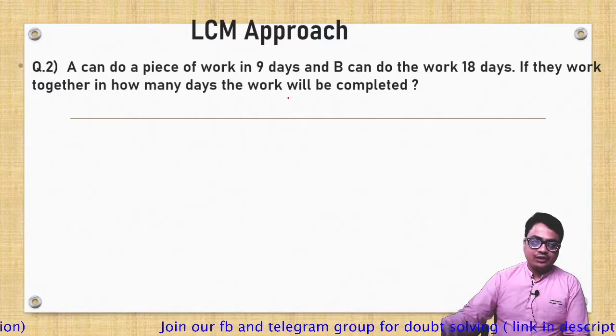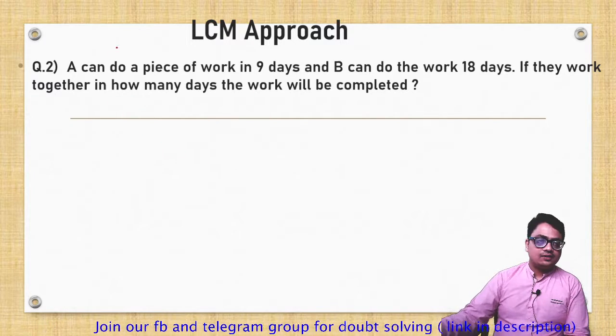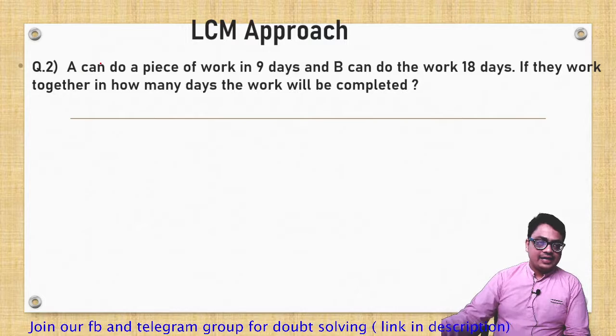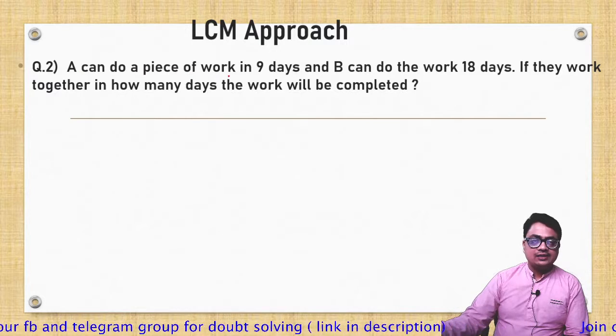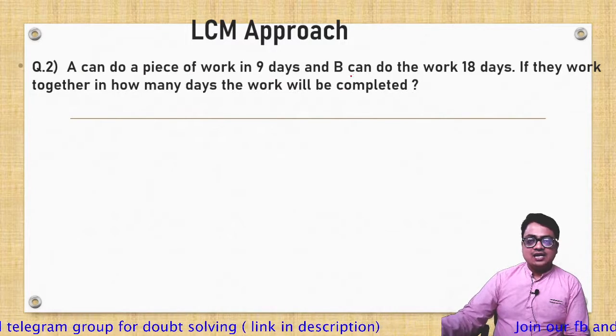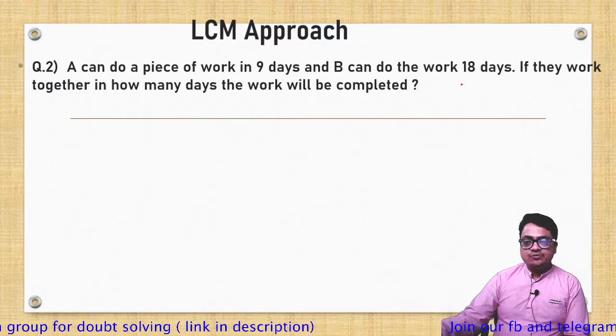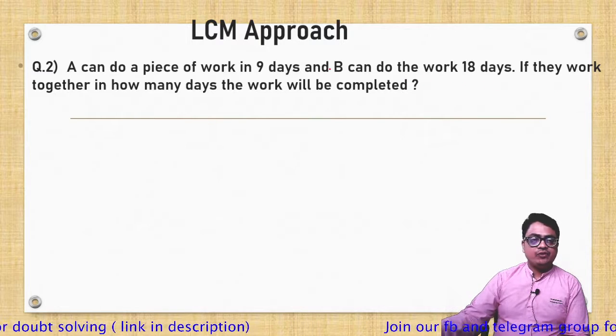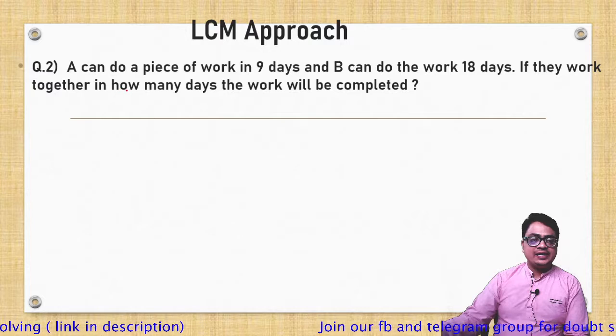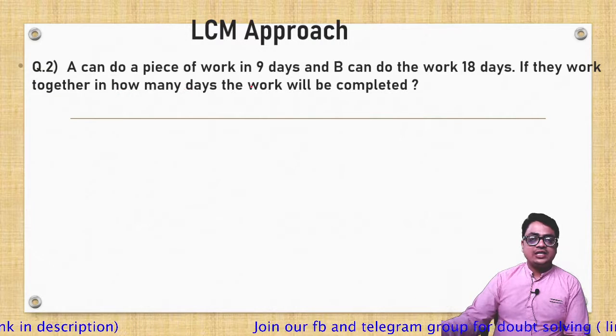This is problem number 2. A can do a piece of work in 9 days and B can do a piece of work in 18 days. If they work together, in how many days will the work be completed?